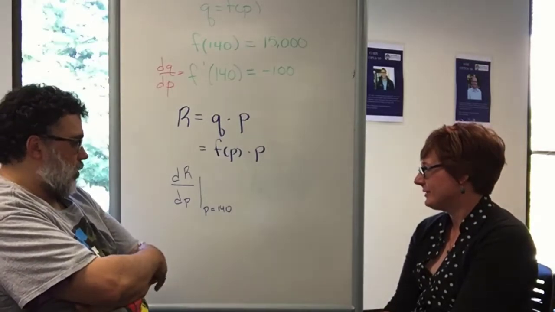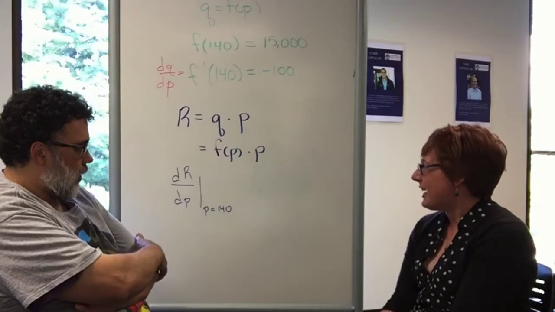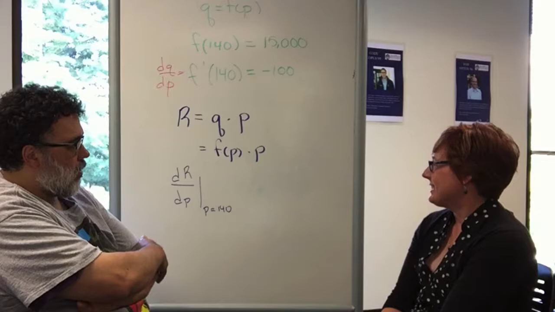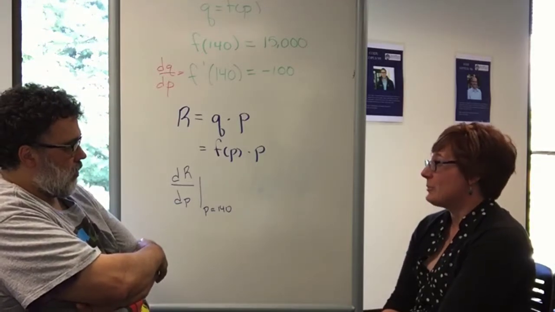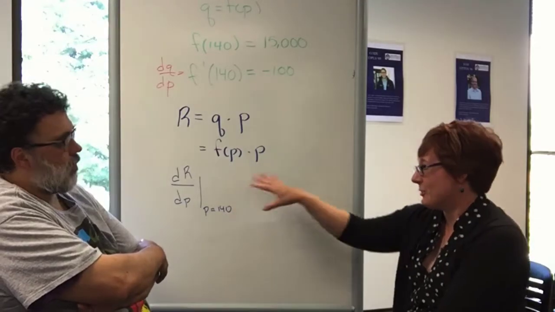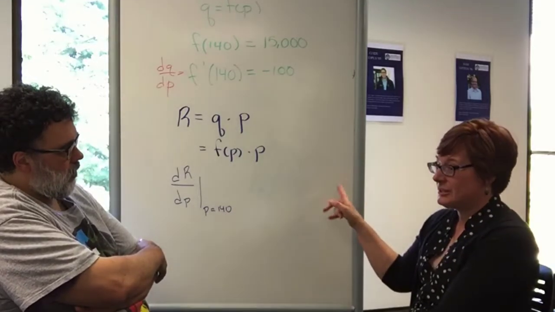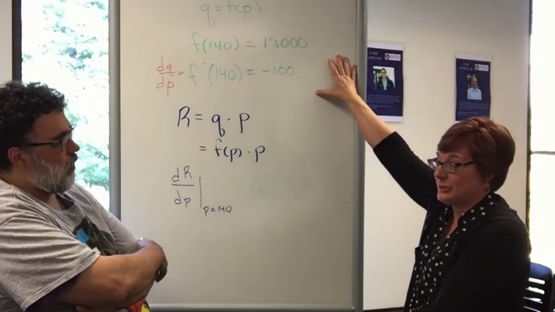So what does the product rule tell you about this one where we don't have a function? Well, for this one, my rule of thumb is I know what the product rule says, so I'm going to write down the product rule and input my P equals 140 in all the appropriate spots. And then I'm going to cross my fingers that this information up here is going to be helpful along the way.